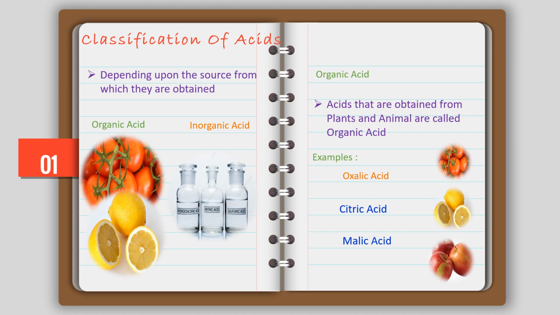First we will discuss organic acids. Acids that are obtained from plants and animals are called organic acids. Examples are oxalic acid, citric acid and malic acid. Other examples are also possible, but the main point is that organic acids are present in plants and animals.